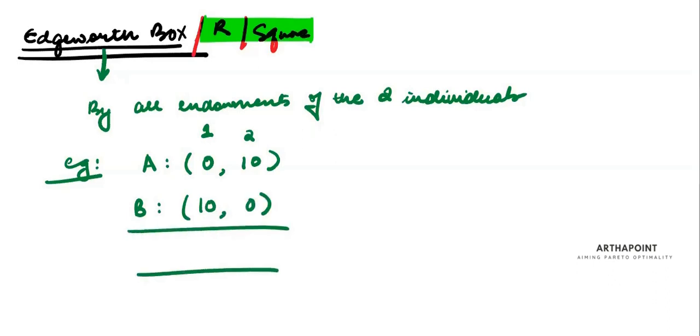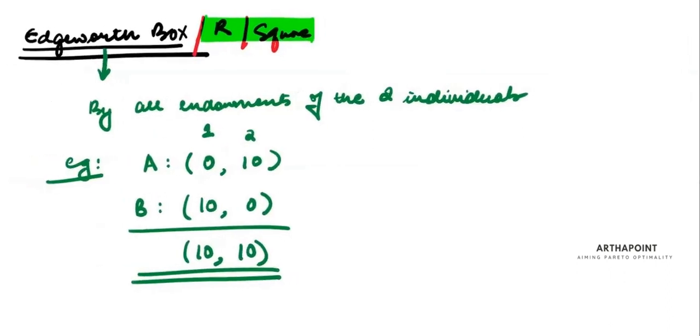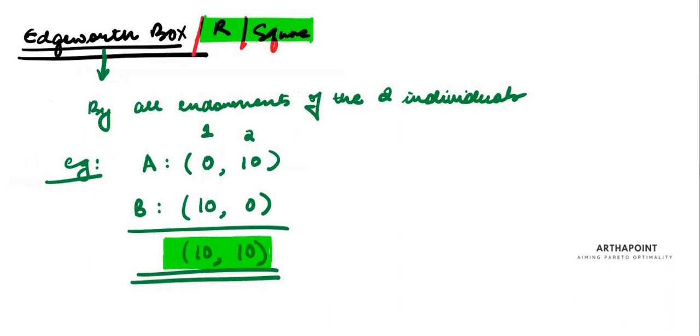How much is total good 1 available in the market now? 0 plus 10, 10. How much is total good 2 available in the market? 10 plus 0, 10. If I plot these dimensions, 10, 10, then what I am plotting would be an Edgeworth box.